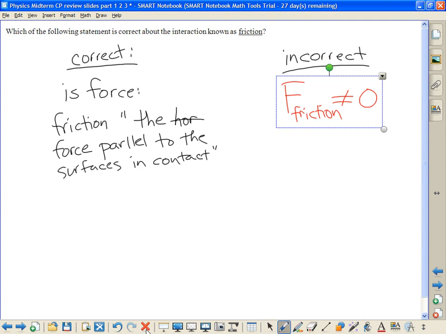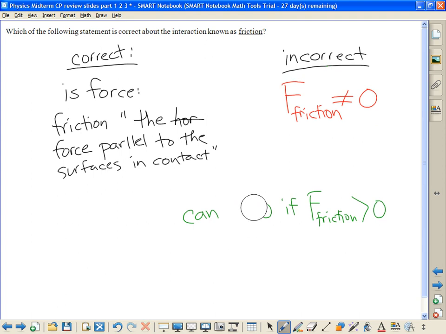Let's see. In other words, can V be greater than zero if... wait. Sorry, I messed up.